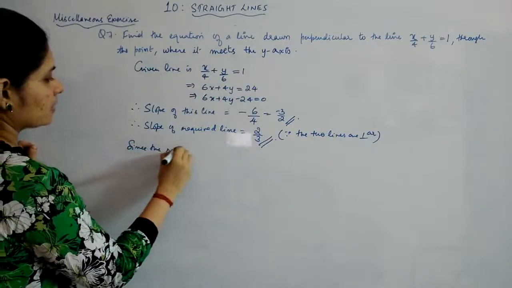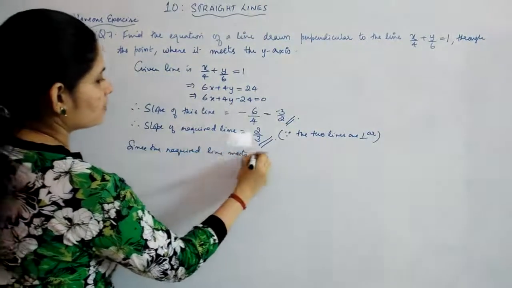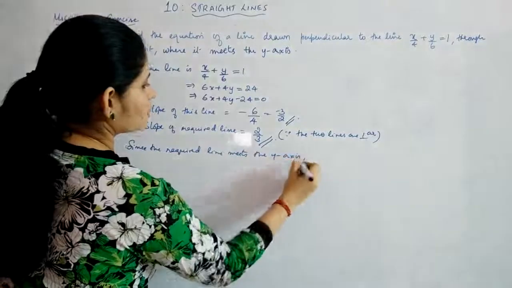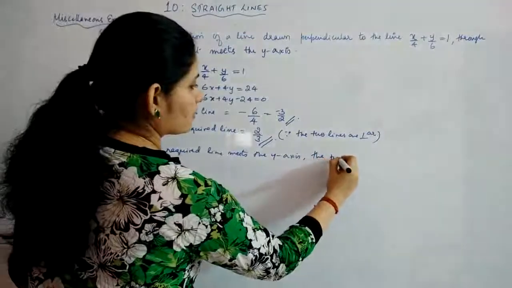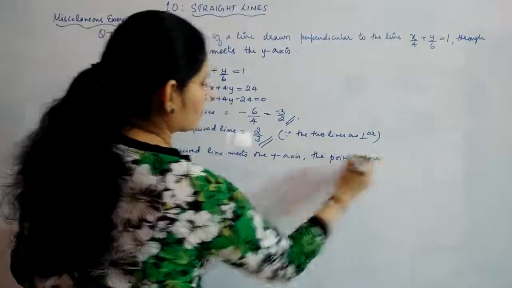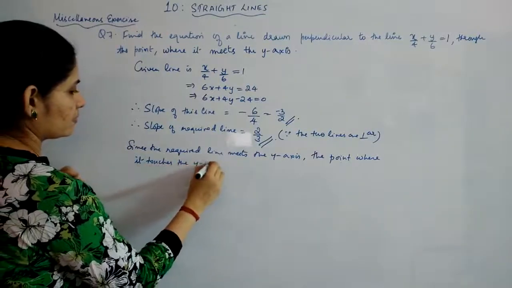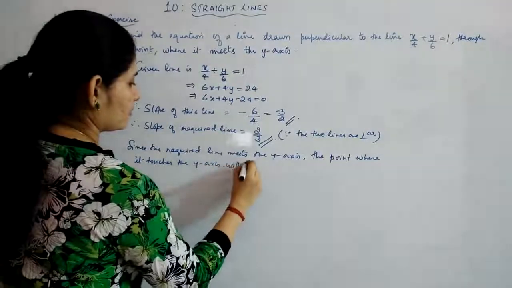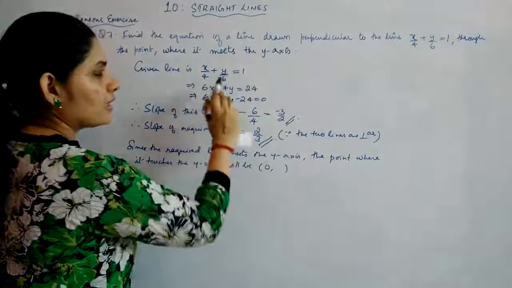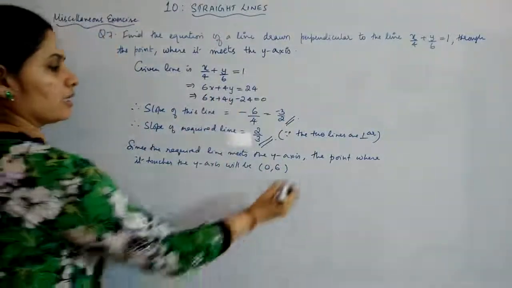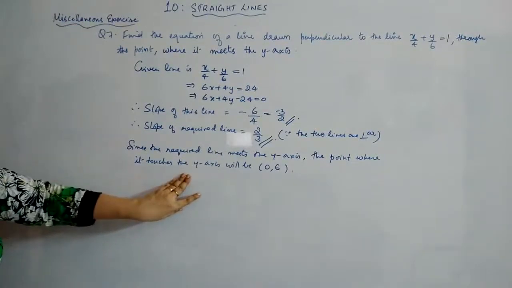Since the required line meets the y-axis, the point where it touches the y-axis will have x equal to 0, and the y value is from that line itself, you can just see it will be 6. Okay, so 0 comma 6 will be the point where the required line touches the y-axis.